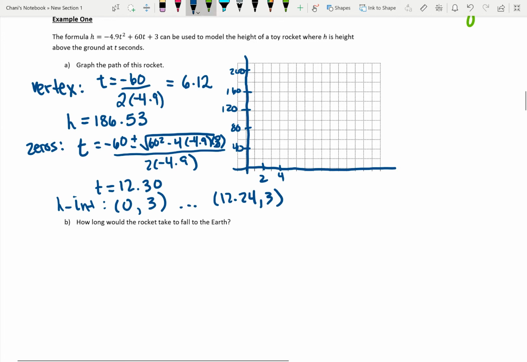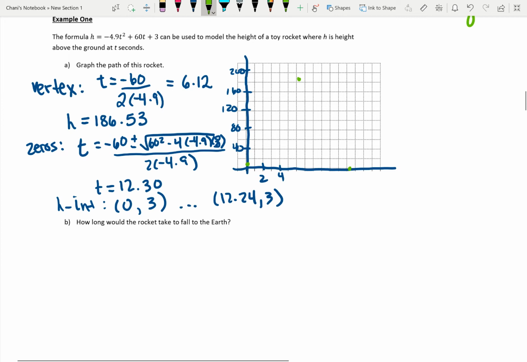Okay, so now we can plot our parabola. So 0, 3 then, because this is 20, it's basically down there. And then 2, 4, 6, just over 6, and 186 is about there. And our other, we're at 12.30, so 2, 4, 6, 8, 10, 12.